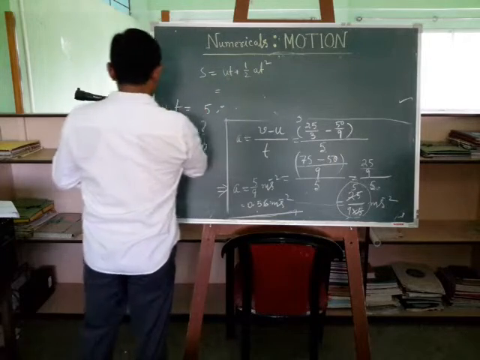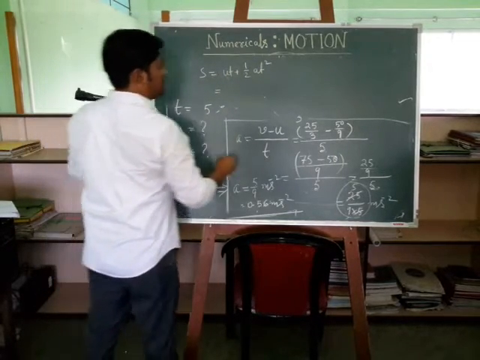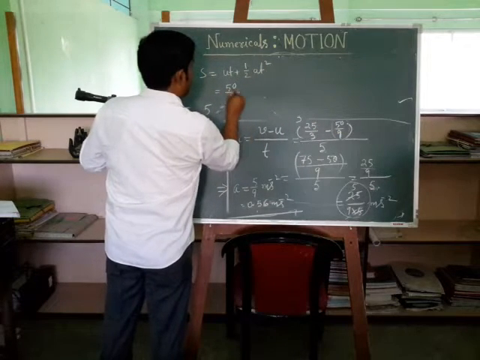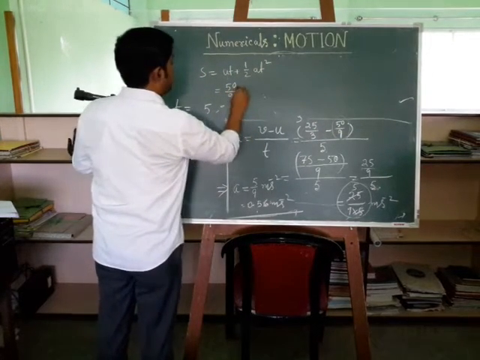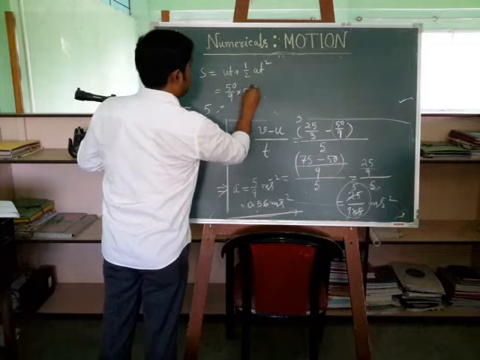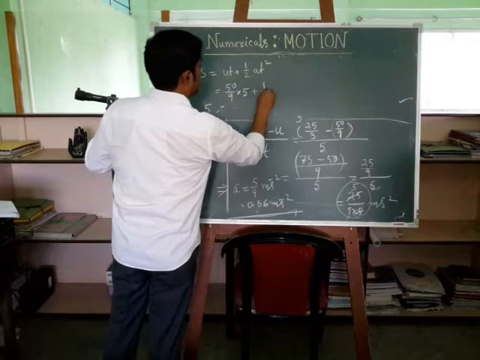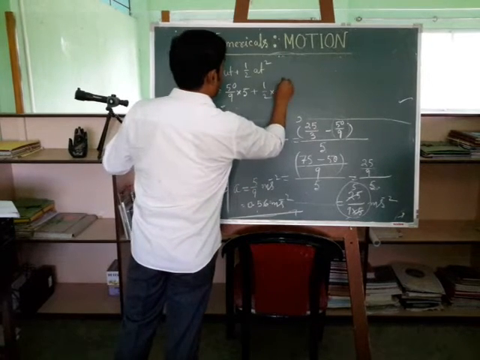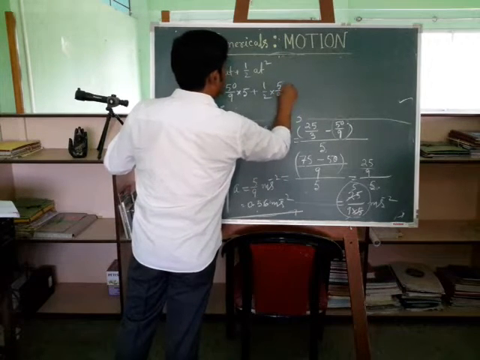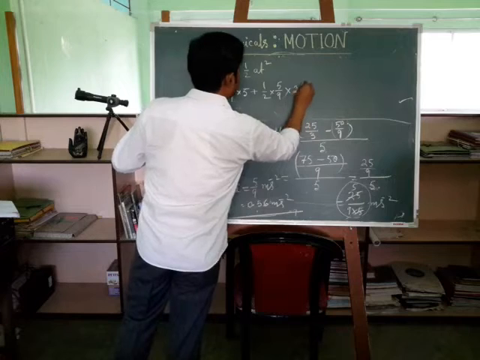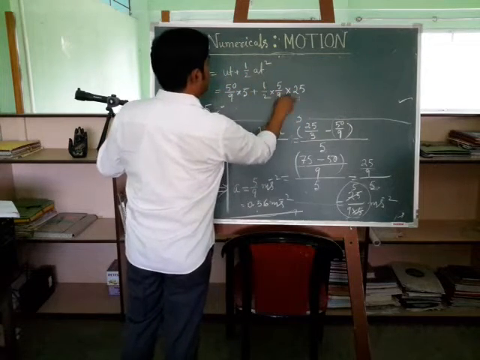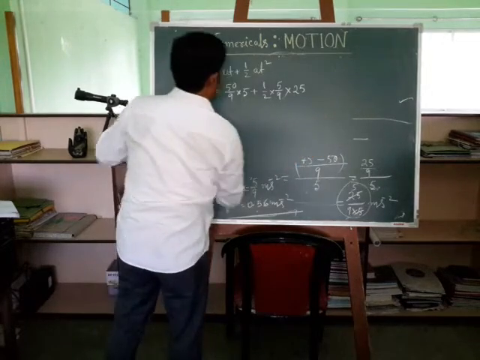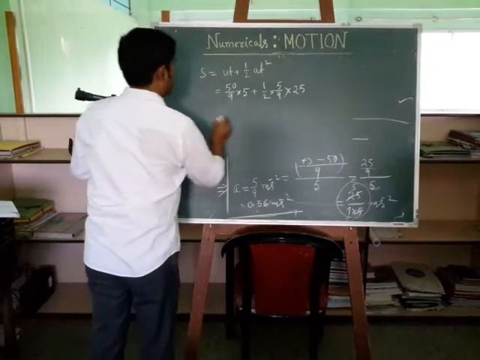Here what is u? U is our 50 upon 9. So 50 upon 9 meter per second. Time is 5 seconds plus half. Acceleration is given by 5 by 9. So acceleration is 5 by 9 times square, that is your t square is 25.